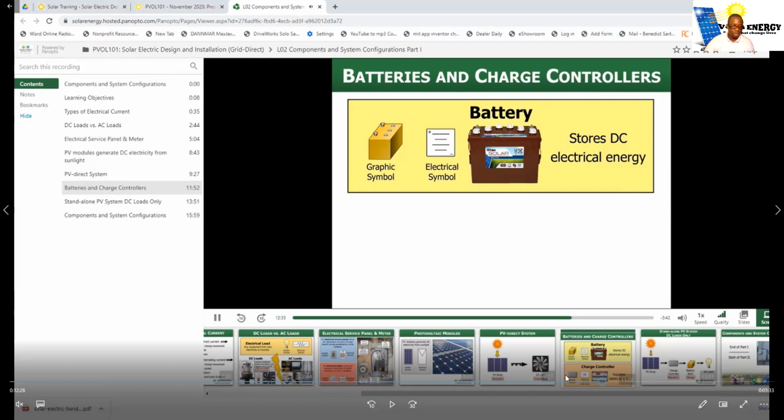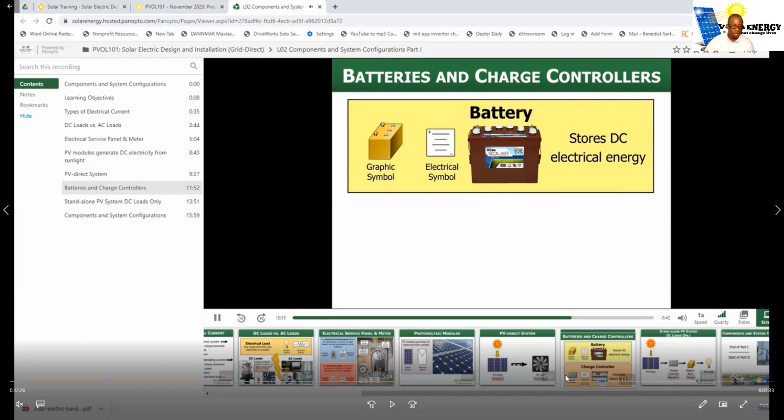Later on, we'll talk about the different types of battery available on the market, the lead acid battery and the lithium. But you need a battery bank to store electricity. That battery bank provides electricity for your devices, so you can power your appliances in the absence of the sun. When the sun goes down, the battery then begins to provide you electricity.